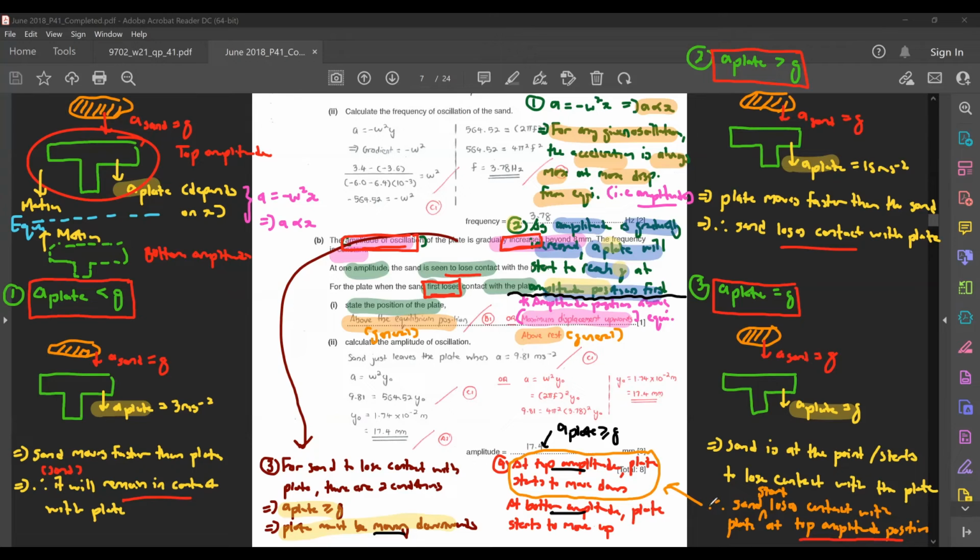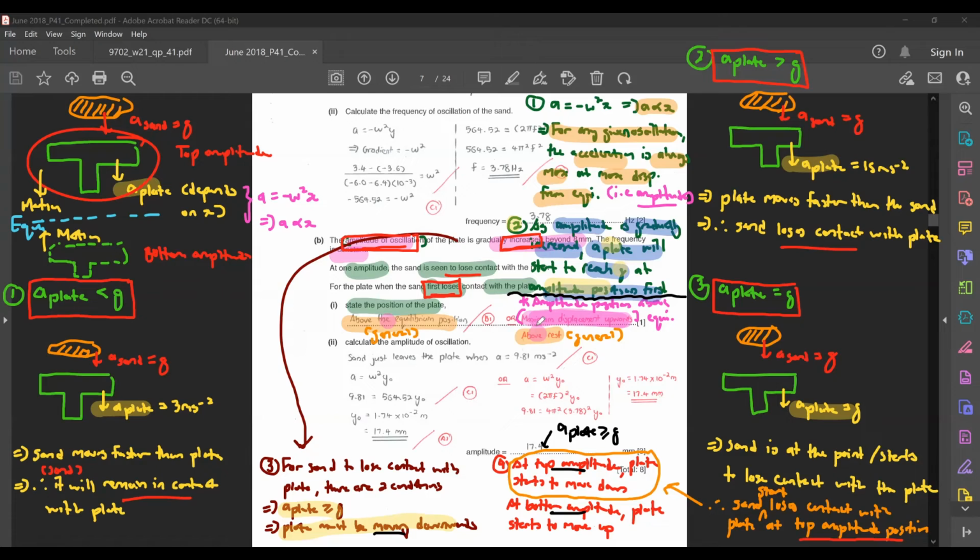This is the exact point where you start to lose contact, which is actually what the marking scheme wrote here, at maximum displacement outwards. The other two, above equilibrium position and above rest, is actually a more general position of it. It's a general answer, but the more specific one is at the top amplitude position. Okay, so far so good with this.